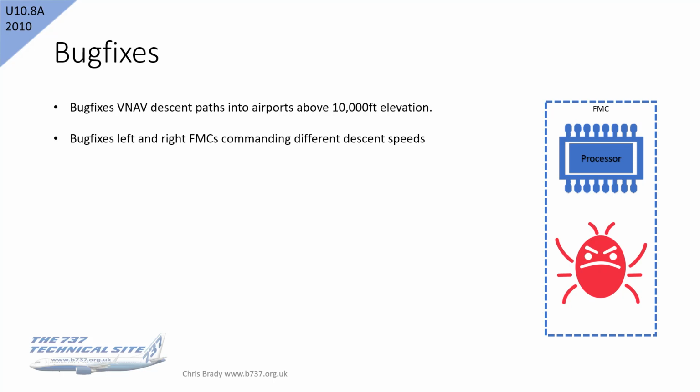Other bug fixes were VNAV path descents into airports above 10,000 foot elevation would cause the FMC to fall over, and left and right FMCs commanding different descent speeds. To be fair, the different descent speeds weren't particularly far out. It was only a couple of knots. But it did happen, and it was a source of mild amusement for us.